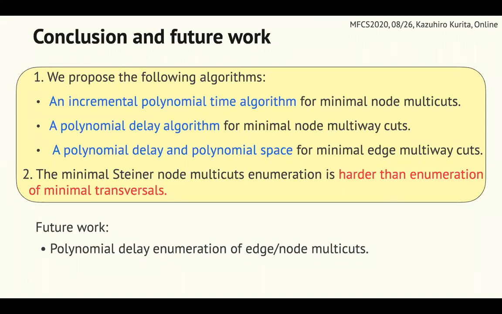And finally, we prove that enumeration of minimal Steiner node multicuts is harder than enumeration of minimal transversals. As future work, developing a polynomial delay enumeration algorithm for edge and node multicuts. Thank you for listening.